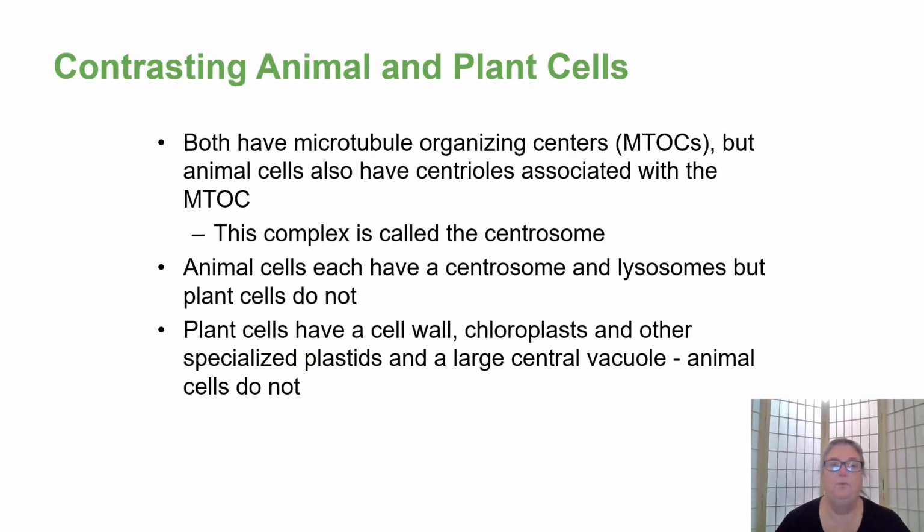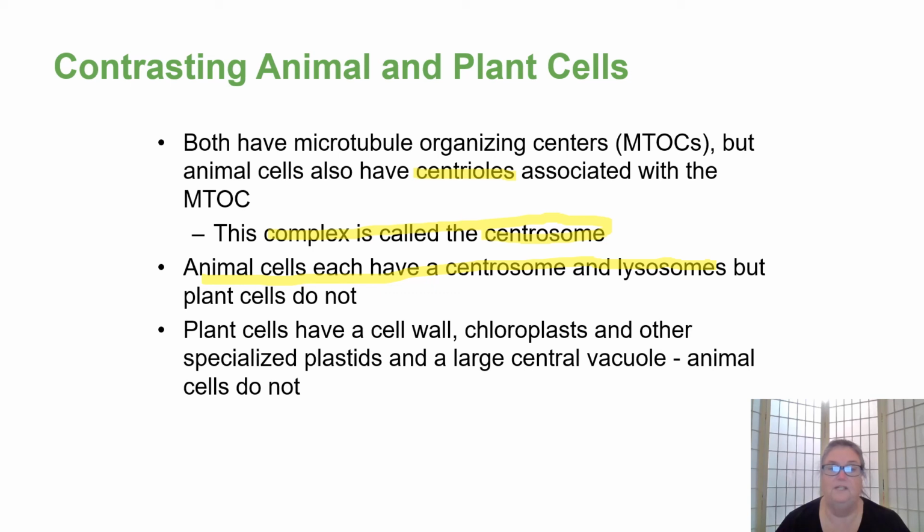Let's talk about some important differences between plant and animal cells. Animal cells have centrioles, and that's associated with cell division, and it forms a complex called the centrosome during cell division. So animal cells have a centrosome and lysosomes. Plant cells do not.